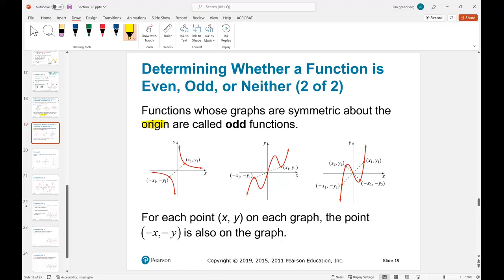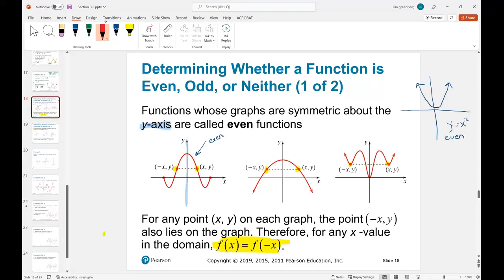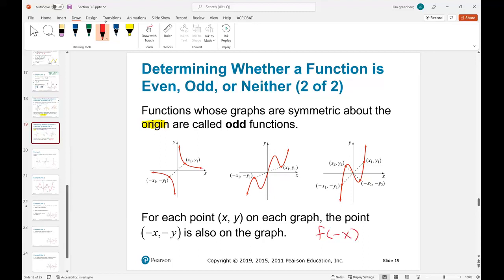The algebra, which I don't see here, is that, and notice I'm always starting with f of negative x. So to find out if something is odd or even, I plug in negative x. When I plug in negative x, I get negative f of x.